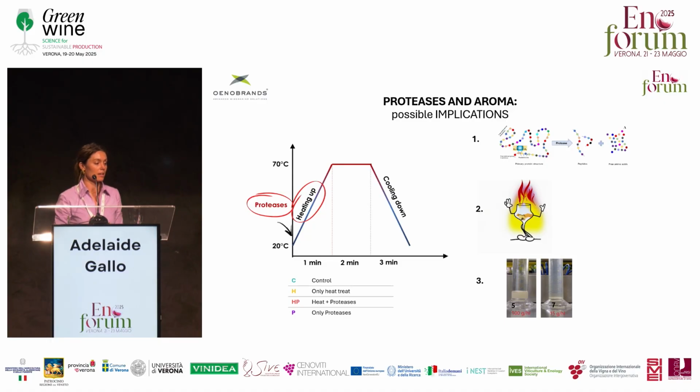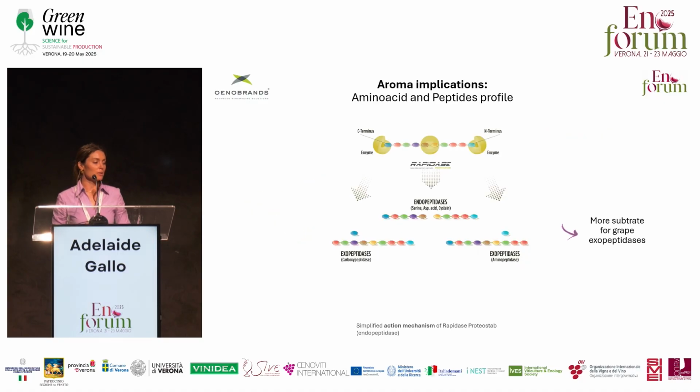And here I summarize what we did at the Edmund Mach Foundation in San Michele. I will try and wrap up in a few minutes all these factors. As for the first factor, the hydrolysis of protein, aspergillopepsin 1 degrades proteins and releases peptides.